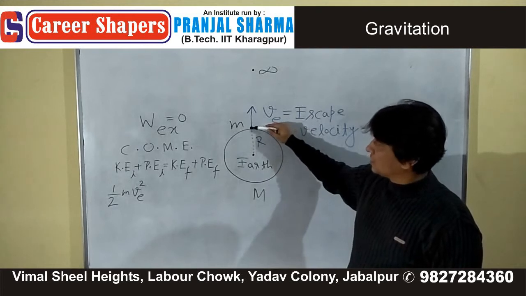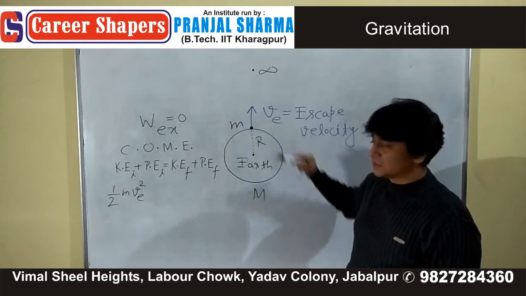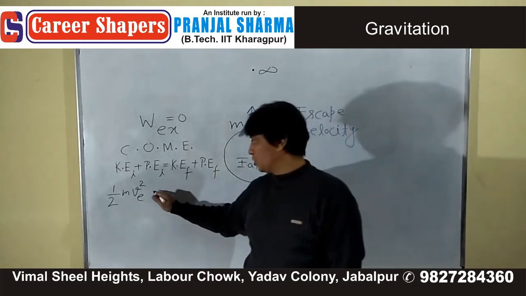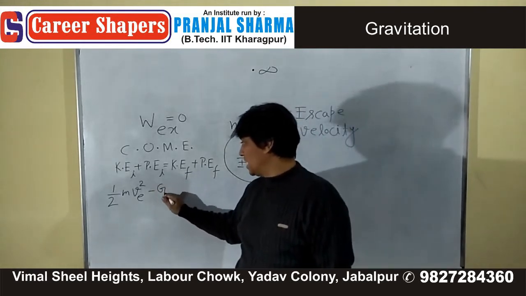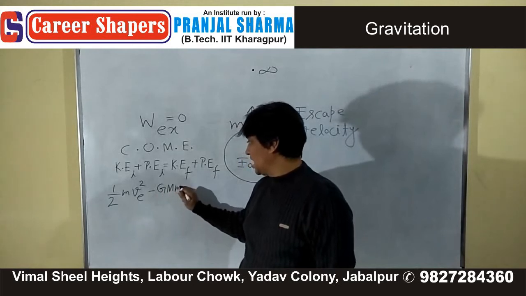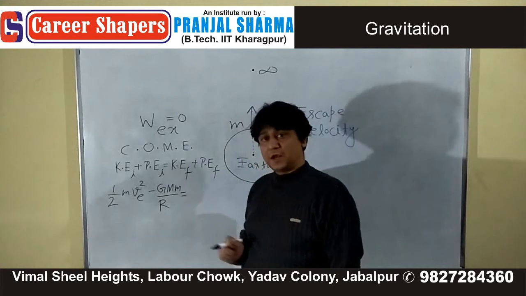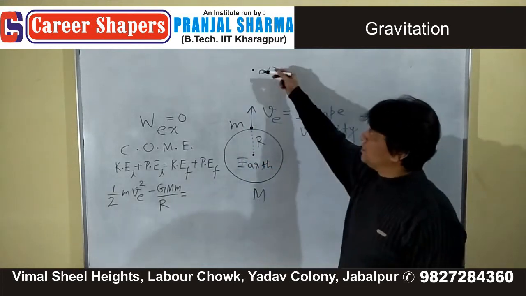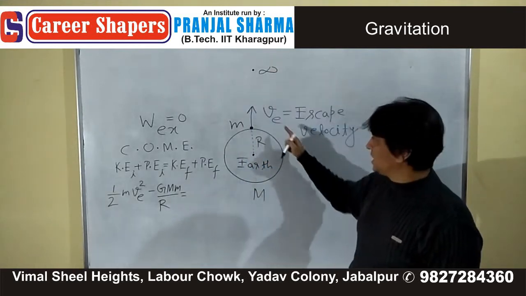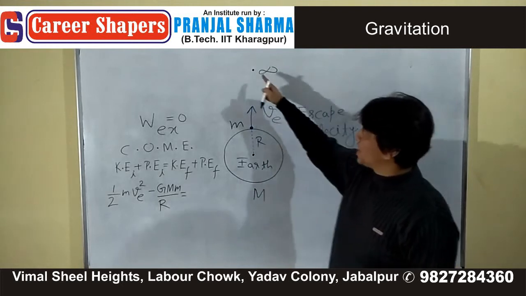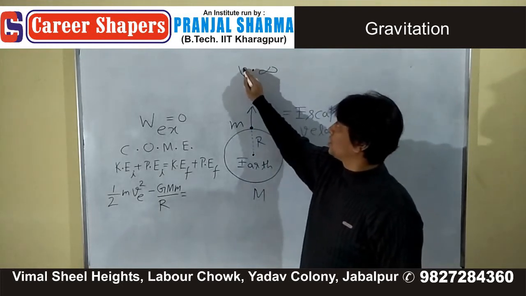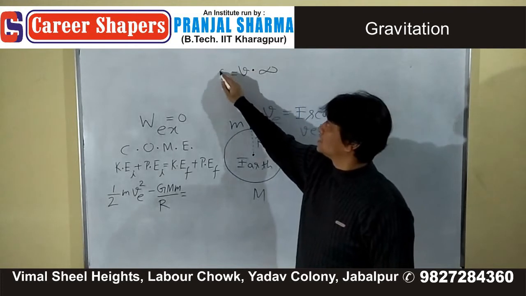That's your projectile. The distance between these 2 points is r, and that gives you potential energy as minus G M m divided by r.